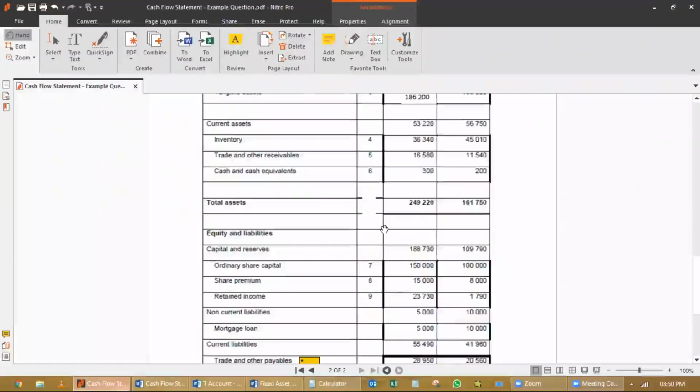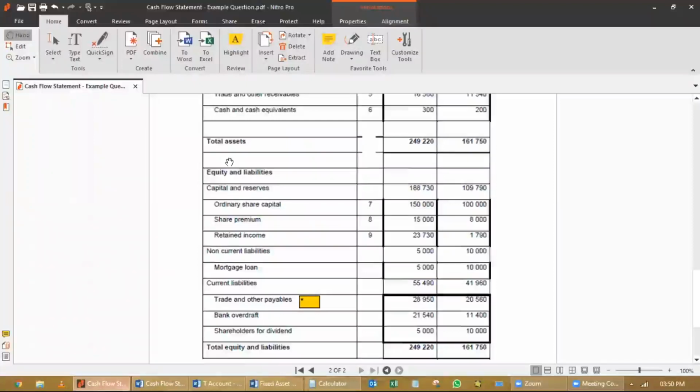If you look at your balance sheet under your equity, because it's shares, you'll see here's ordinary share capital. But in this example, there's something called a share premium. Ordinarily this is not something that you will get in an exam, but they do sometimes put this in here.